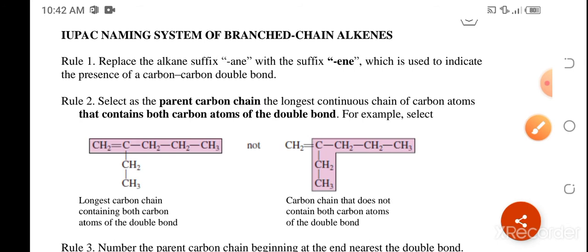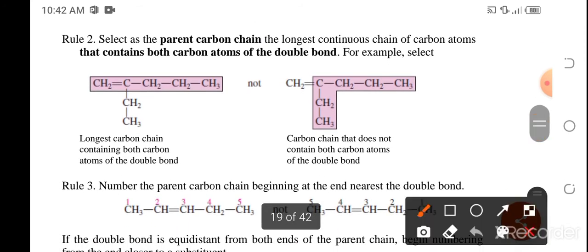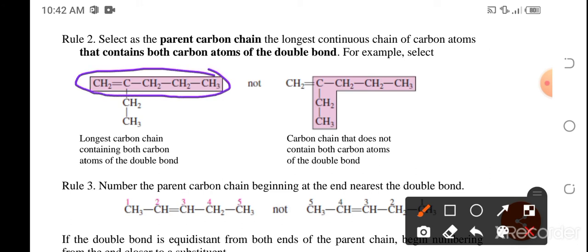Let's have an example. If you could see, ang parent chain daw nito ay this one, itong colored. Okay. But in reality, if you're going to count it, so it has only 1, 2, 3, 4, 5 carbon atoms. Pero kung titignan natin, ang longest ay ito.